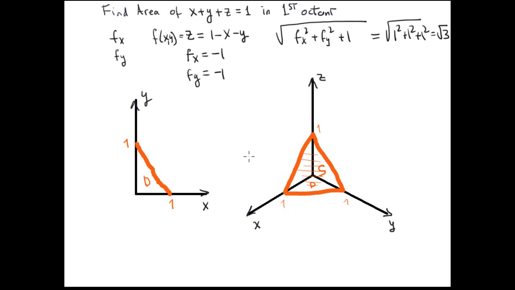So the formula for the surface area S is the double integral of this expression, radical 3, dx dy. And the region is obviously this region.